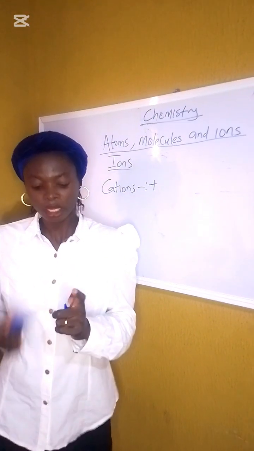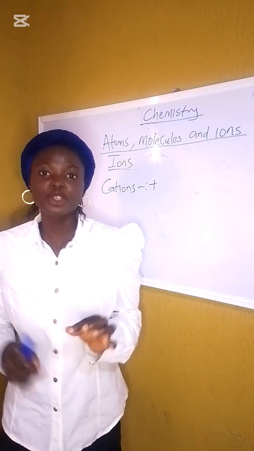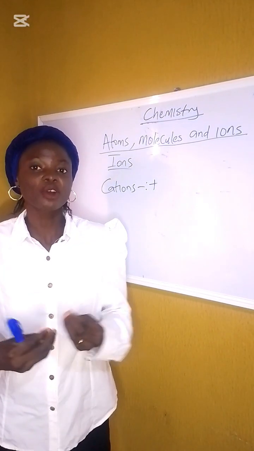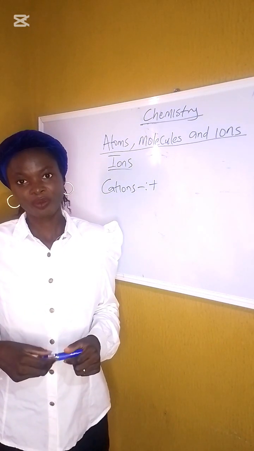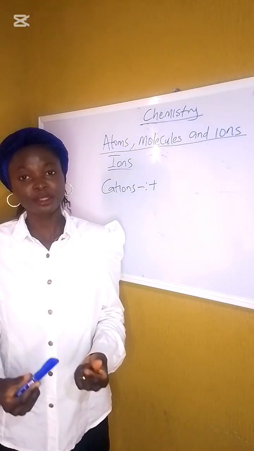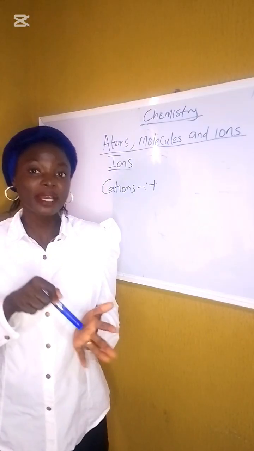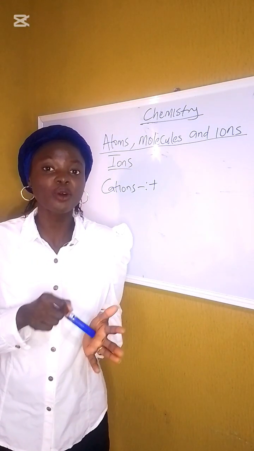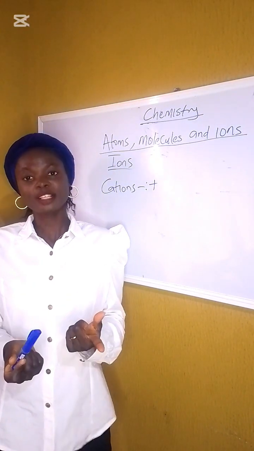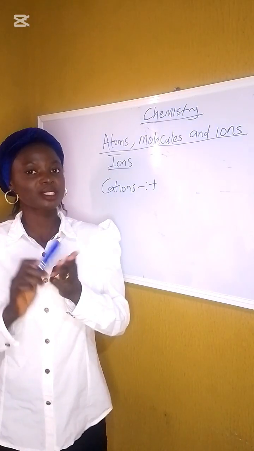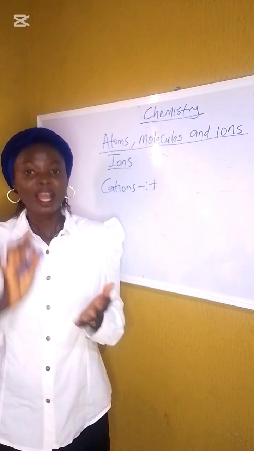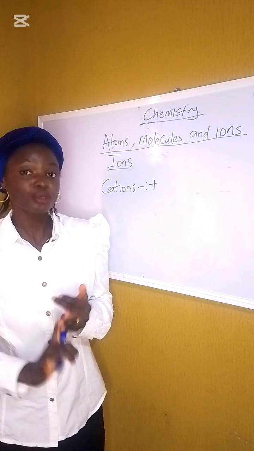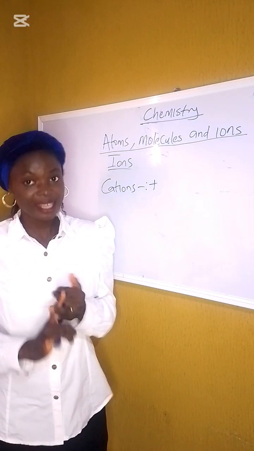Number two, cations are formed when there is loss of electrons.